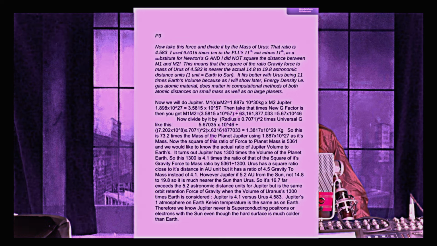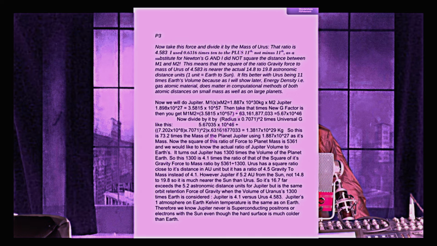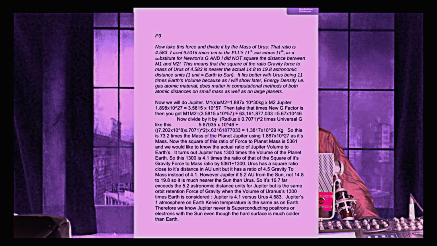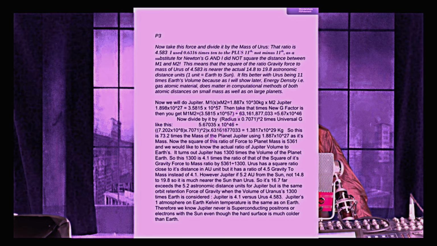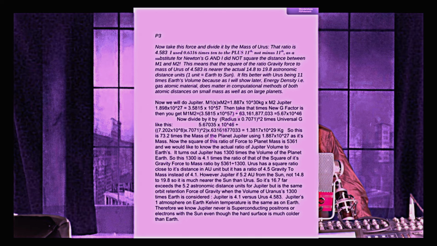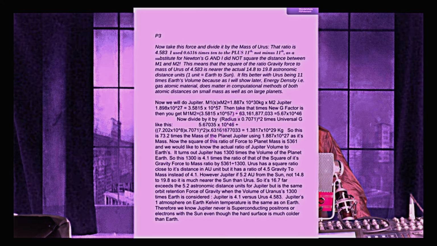So for Neptune, we have M1 of the Sun times M2 equals 1.887 times 10 to the 30th kilograms times the M2 of Neptune, 1.023 times 10 to the 26 equals 1.93 times 10 to the 56. Then take this times the new G factor, and you get M1, M2 equals 1.93 times 10 to the 56 divided by 63,161,877,033. And that is 3.056 times 10 to the 45th.